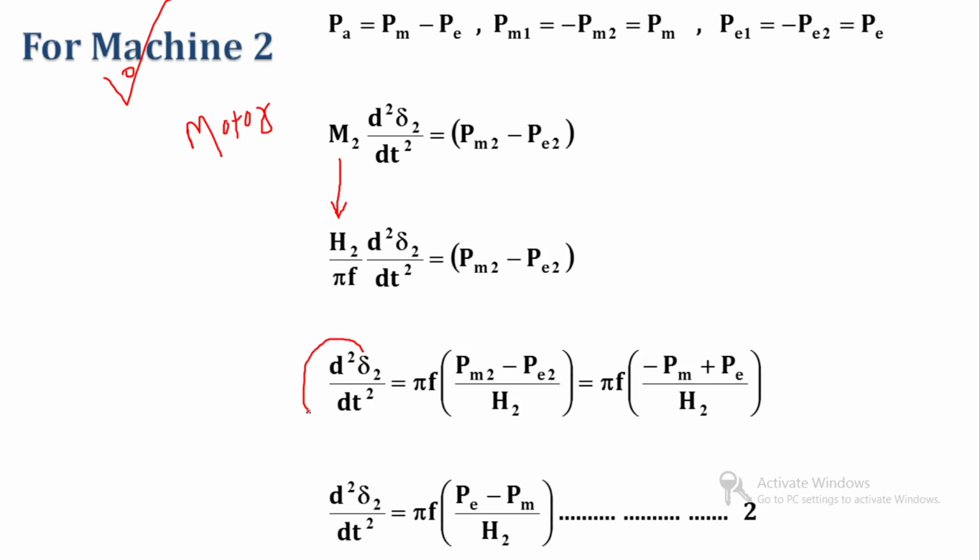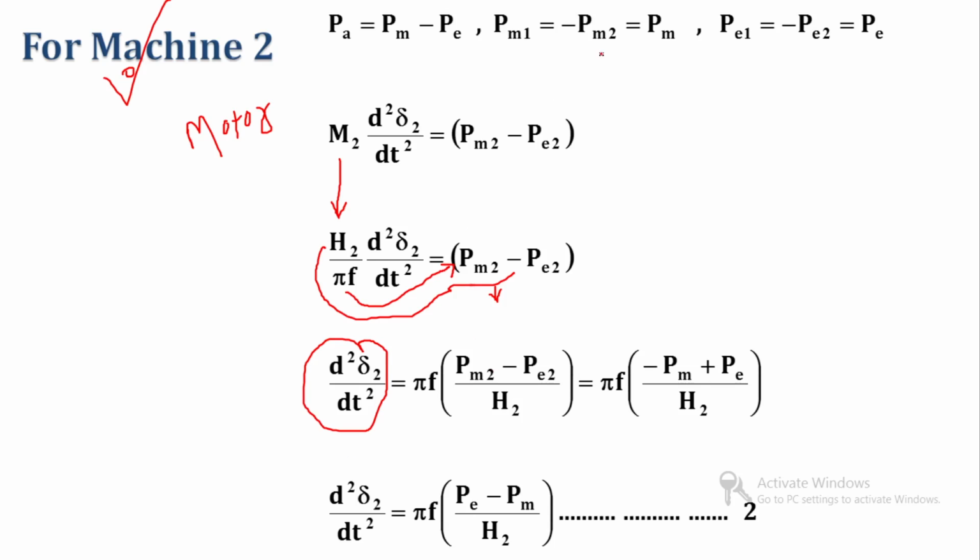Again I will keep d square delta 2 by dt square on the left hand side, and the other terms I have to shift to the right hand side. So pi f multiplied with PM2 minus PE2, and H2 comes in the denominator. So d square delta 2 by dt square is equal to pi f multiplied by PM2 minus PE2 upon H2.